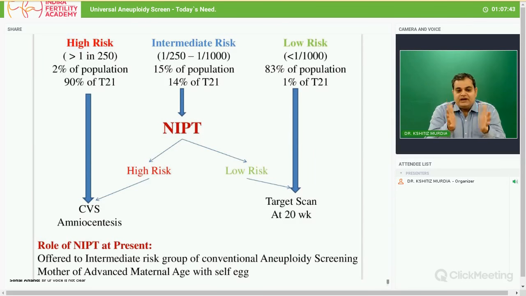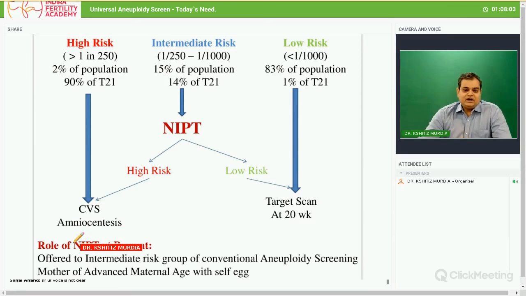But where NIPT can fall in is the intermediate risk group. For this group, you can do NIPT instead of going for newer markers, and you can assess the new risk. If the risk is low, then definitely you can go for the target scan, and if the risk is high, then you have to do CVS or amniocentesis.